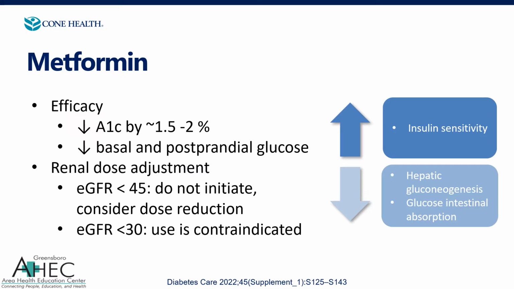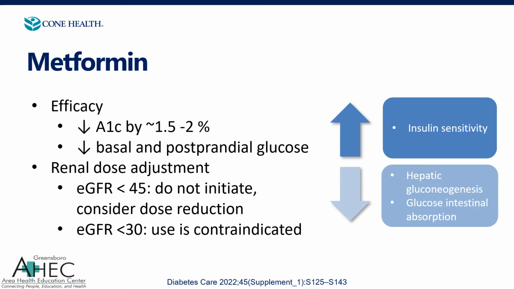So metformin works by decreasing hepatic glucose production, which decreases intestinal absorption of glucose, and improves insulin sensitivity by increasing peripheral glucose uptake and utilization. Essentially, it increases insulin sensitivity and decreases gluconeogenesis and glucose absorption, as you can see in the graphic. The efficacy is pretty good. It decreases the A1C by 1.5 to 2%.